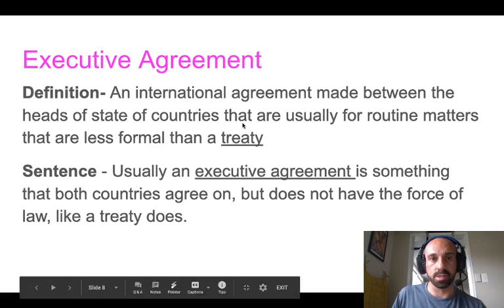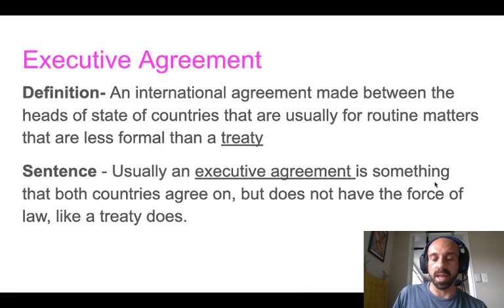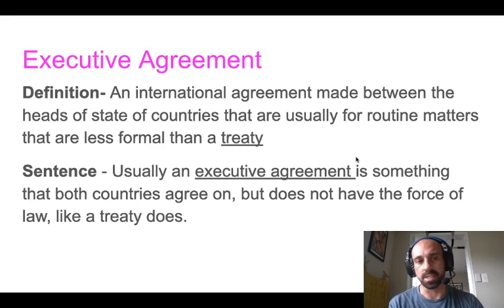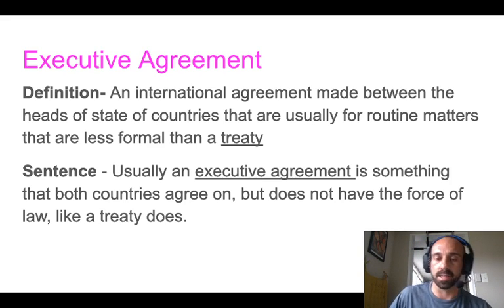With our current situation, the coronavirus pandemic, it'll be interesting to see if there will be any executive agreements, or will we have to resort to treaties in order to solve this problem of containment and treatment of people affected.